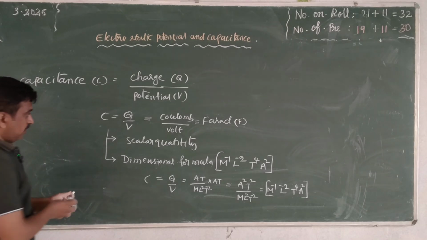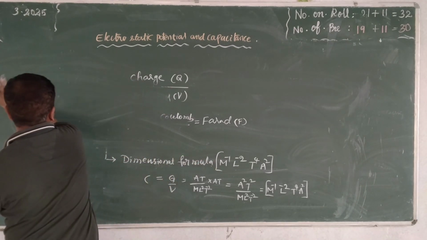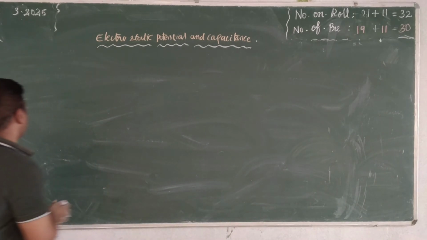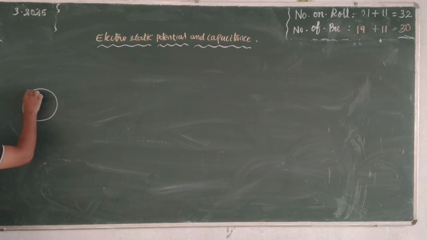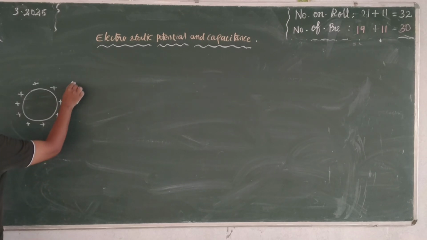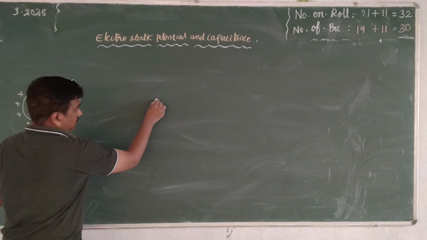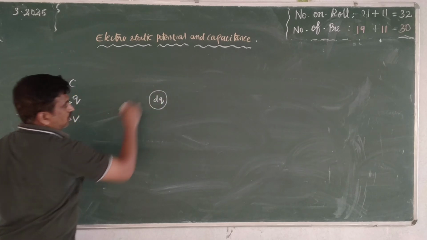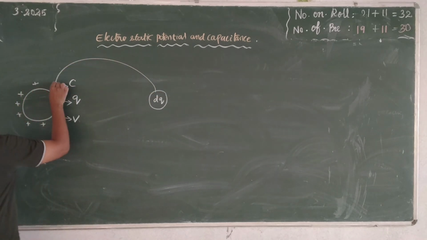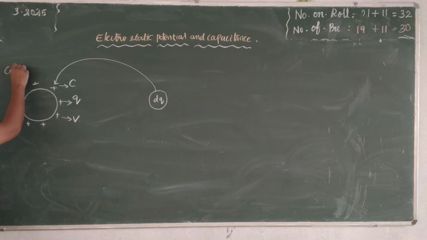See here, for example, we can take one conductor. It has a charge plus q; its charge is q, capacitance C, potential V. For example, a small charge dq is taken from infinity and stored in this sphere, in this conductor.